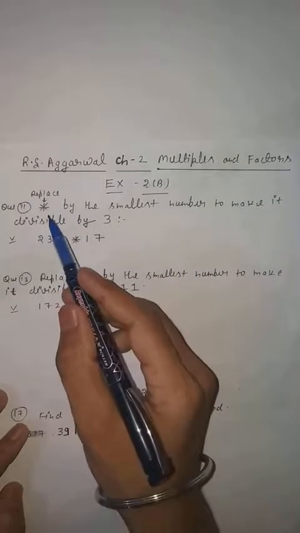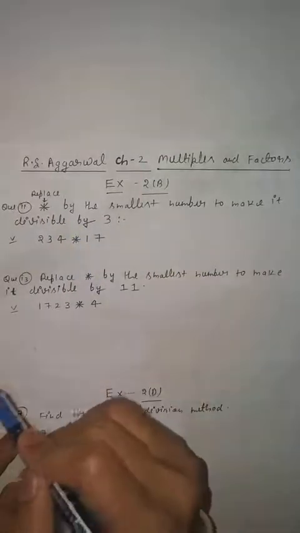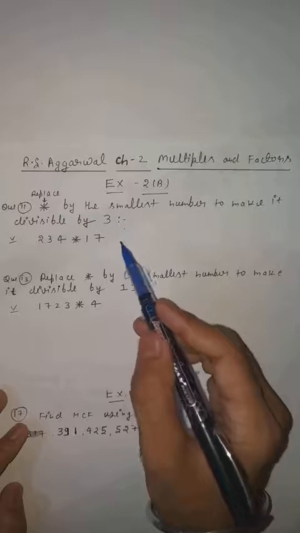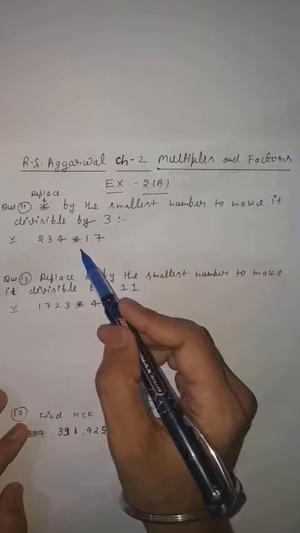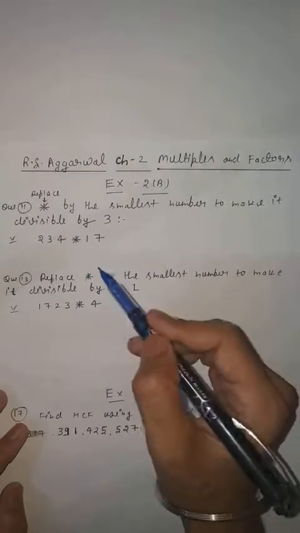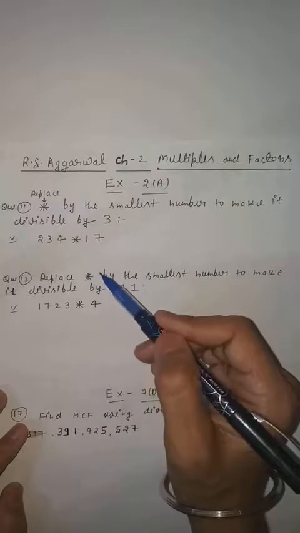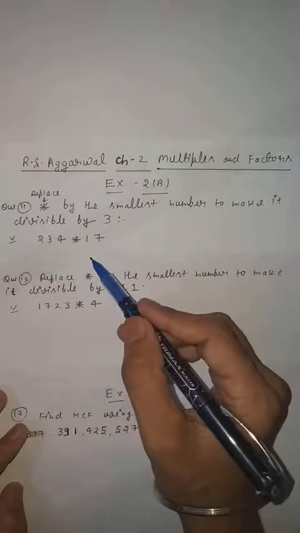What is given? Replace the star by the smallest number to make it divisible by 3. You have to put the value by using the test of divisibility by 3. If the sum of the digits is divisible by 3, then the number is divisible by 3.